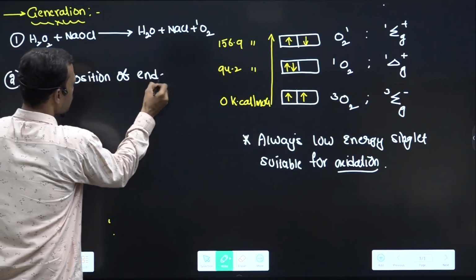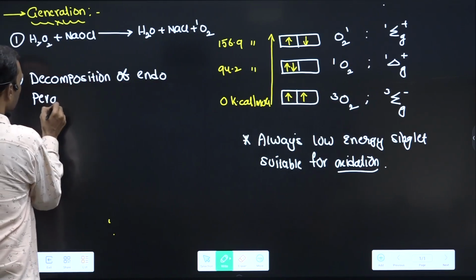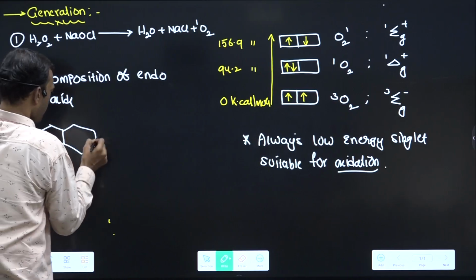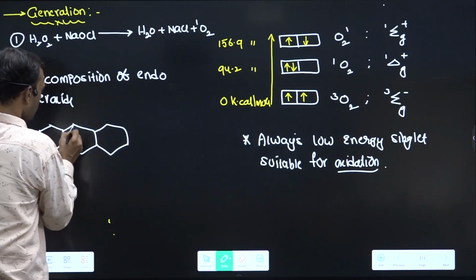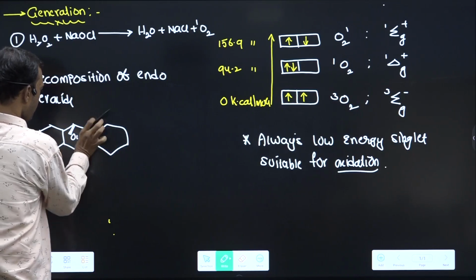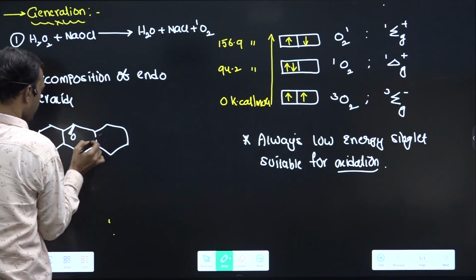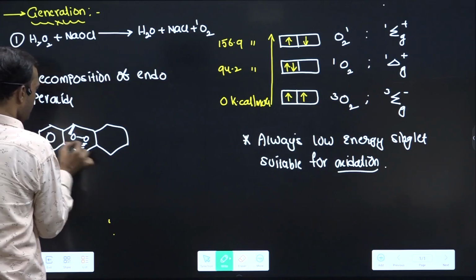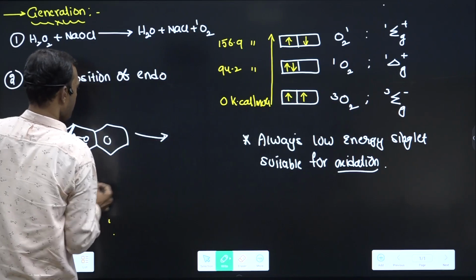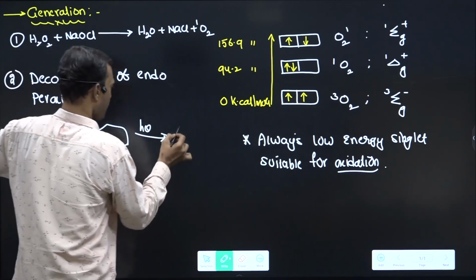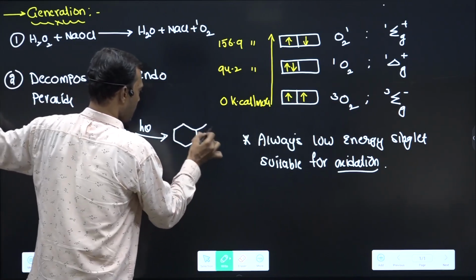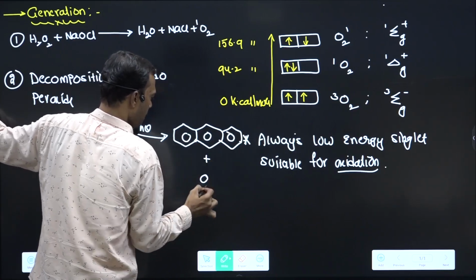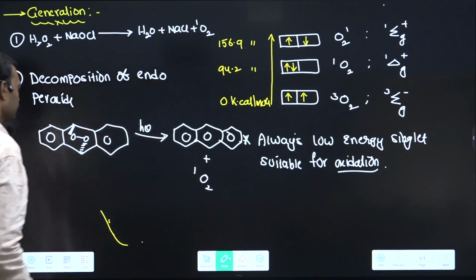Decomposition of endoperoxide. This is the second method.